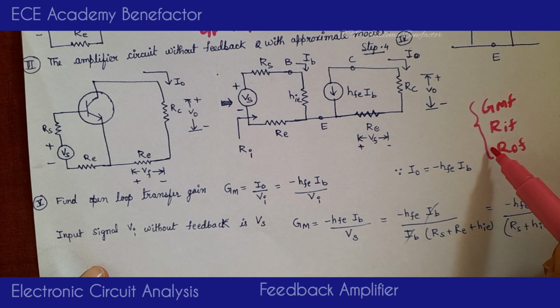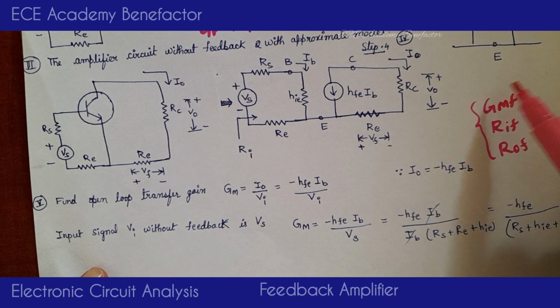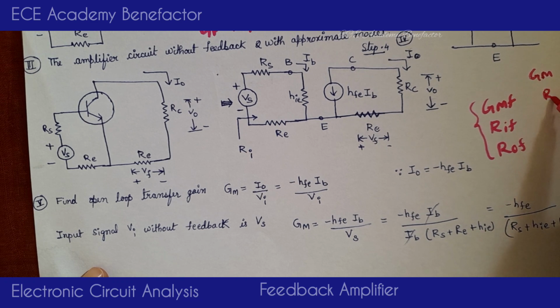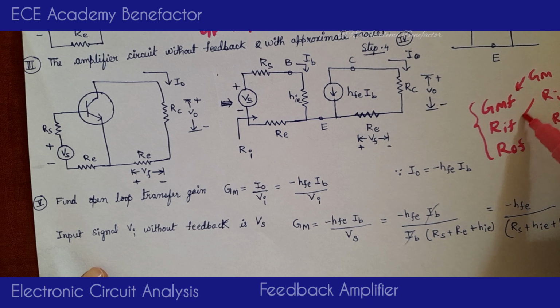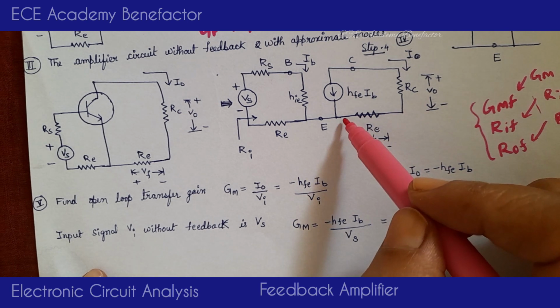Before finding all these, we need to find the quantities without feedback: first GM, Ri and R0. Based on these you will get all the others. This is transconductance without feedback, input resistance without feedback, output resistance without feedback. So first we need to find GM, Ri, R0 based on this diagram.